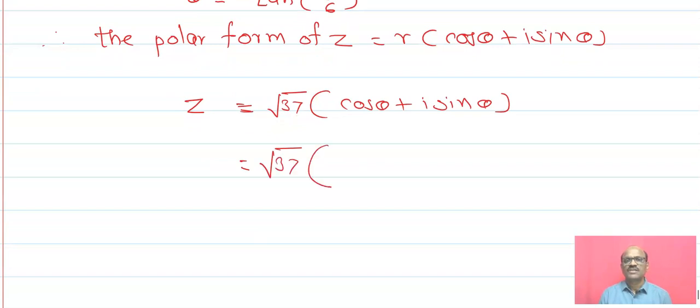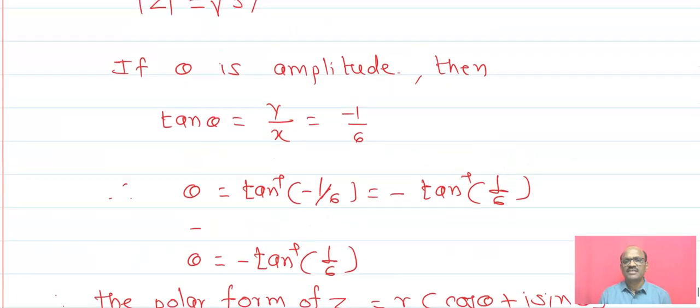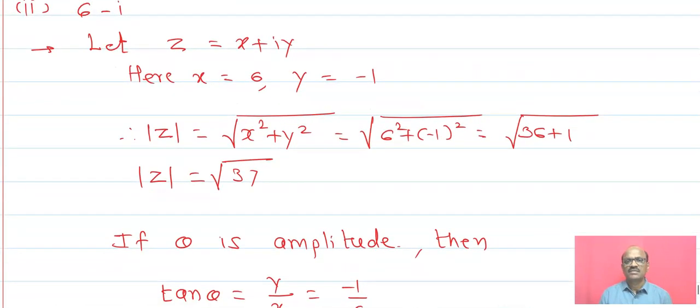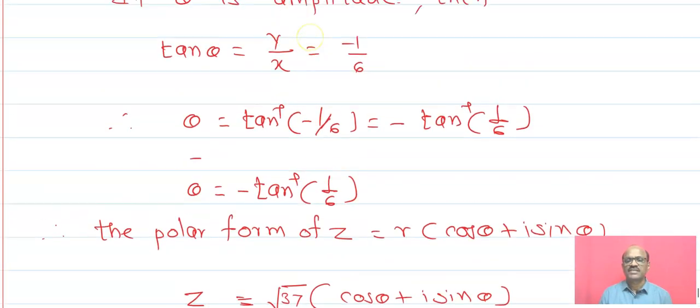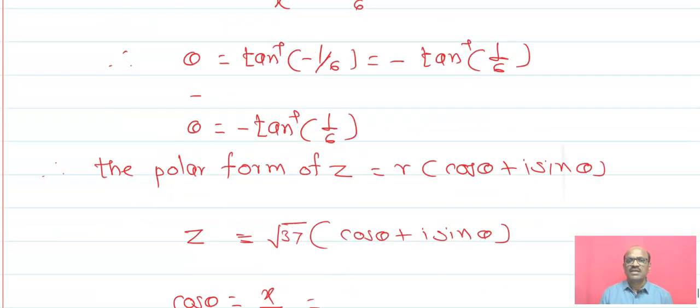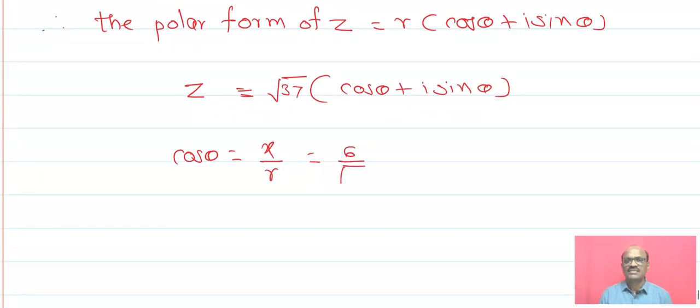That is root of 37 in bracket. Cos theta is x upon r, and the value of x is 6 upon root of 37.